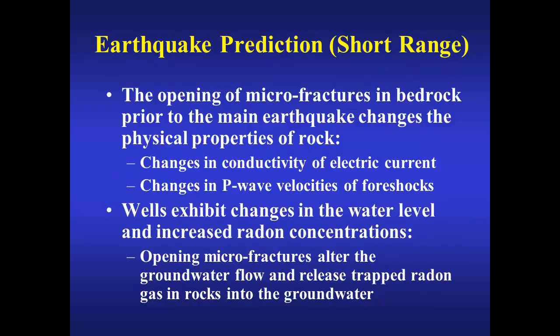Wells even exhibit changes in the water level and increased radon concentrations within the water, and this was attributed to opening of microfractures within the rock that in turn could potentially alter the groundwater flow and also release trapped radon gases within the rock into the groundwater system.